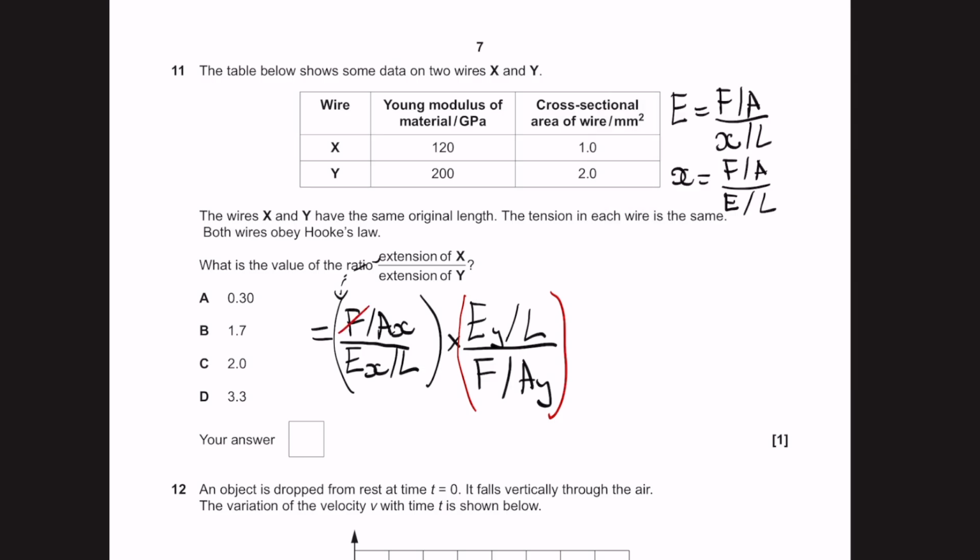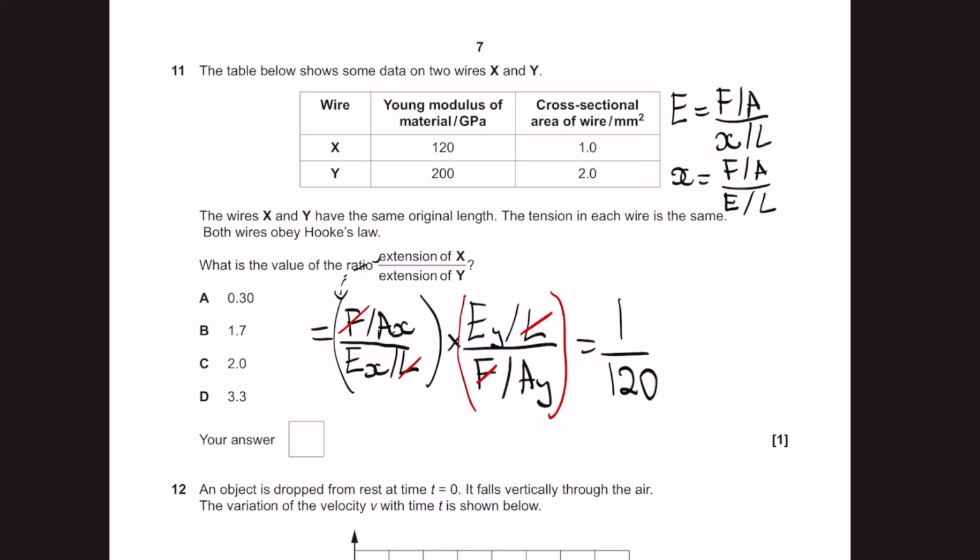So F is going to go, L is going to go. And we can also see that the ratio of the cross-sectional areas is just 1 to 2. So this here will actually equal 1 over Ex, which is 120. It's gigapascals, but all the units will end up cancelling out because it's a ratio.